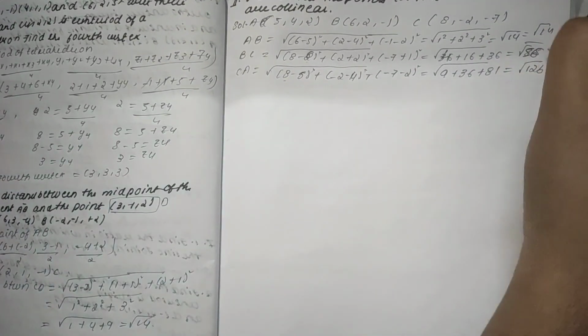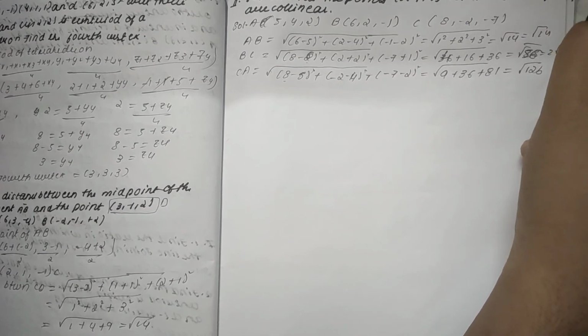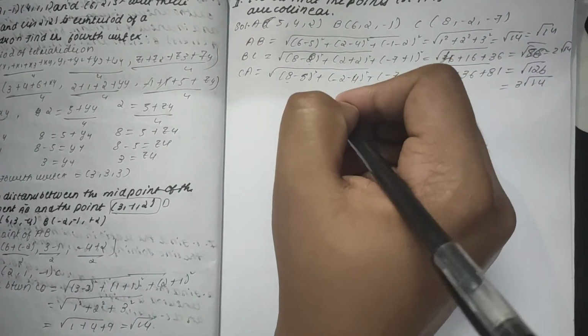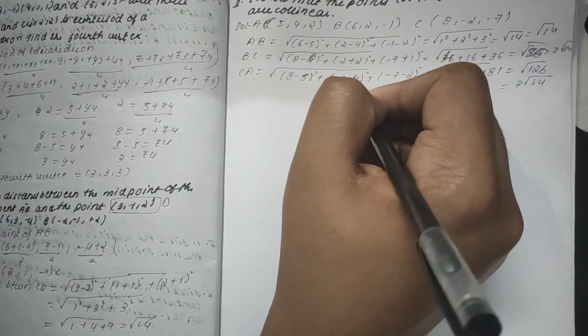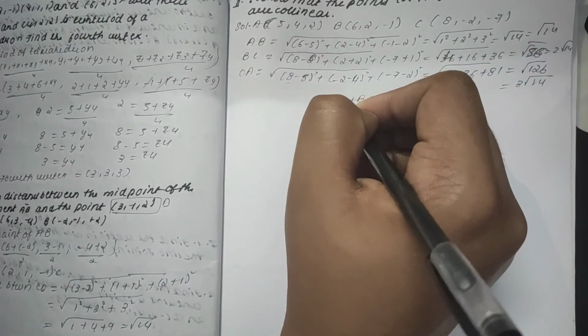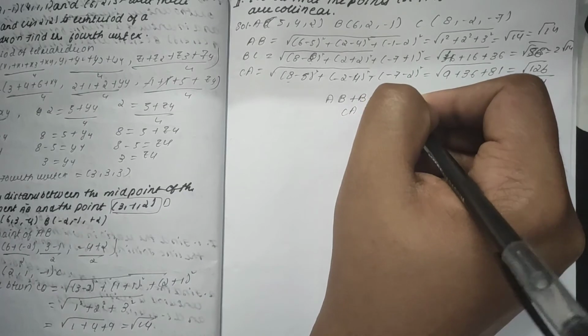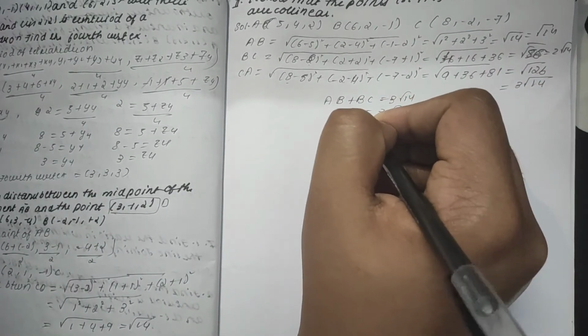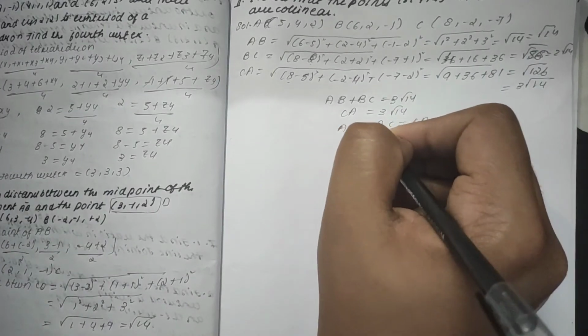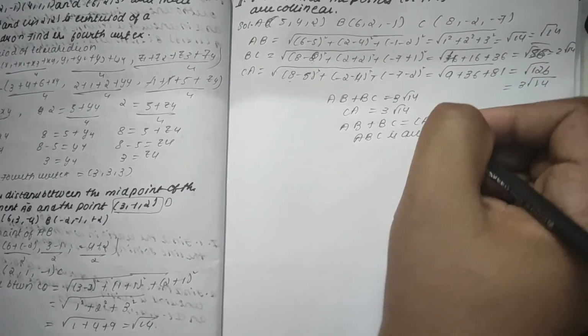So this is 56. This is root 14. 56 can be written as 2 into root 14 and root 126 can be written as 3 into root 14. So this is AB plus BC, which is 3 root 14. CA is equal to 3 root 14. So AB plus BC is equal to CA. So ABC are collinear.